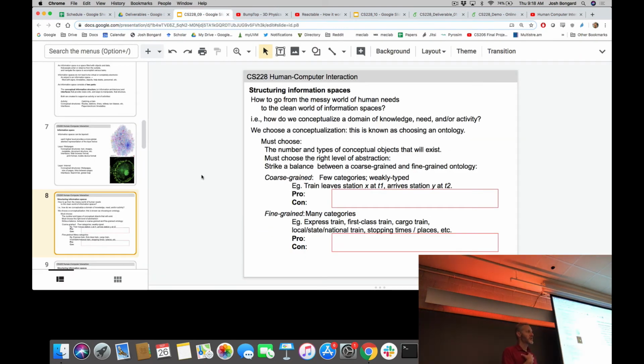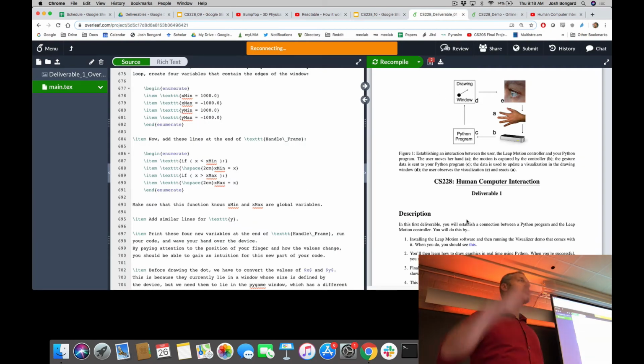In my case, I'm choosing just one category. I'm just going to have one file, and there's going to be a whole lot of individual steps describing the deliverable inside that LaTeX document. Because for most of the deliverables, it's a relatively flat list of a large sequence of hopefully simple steps.